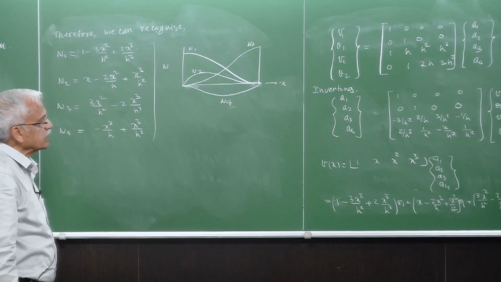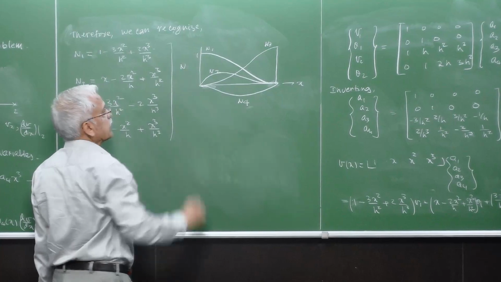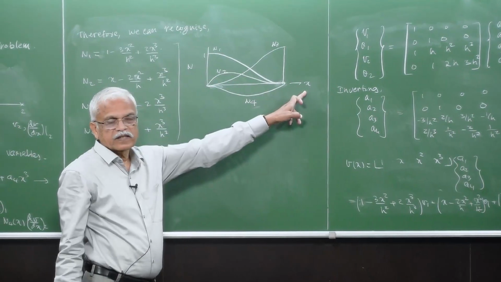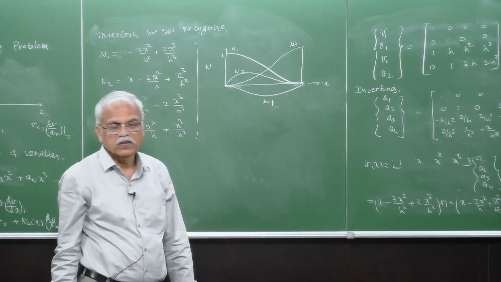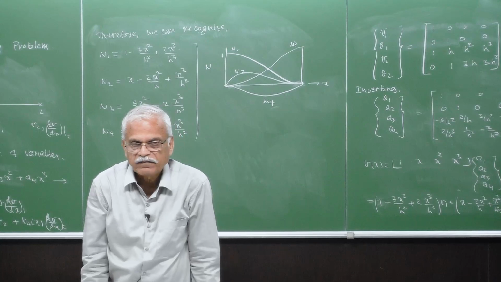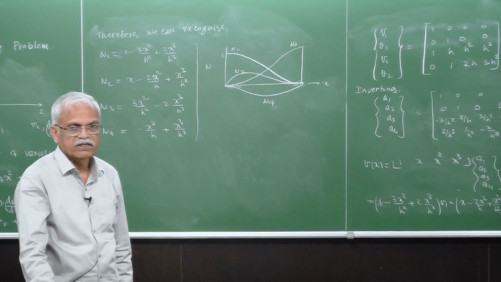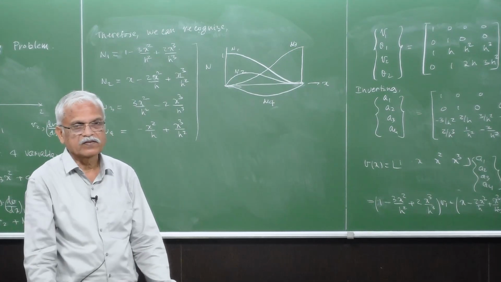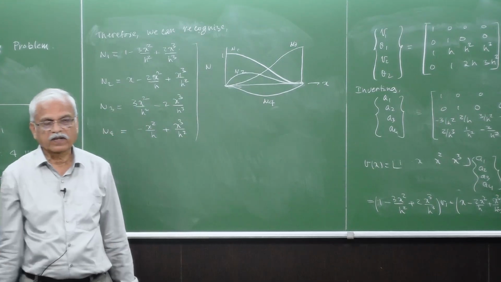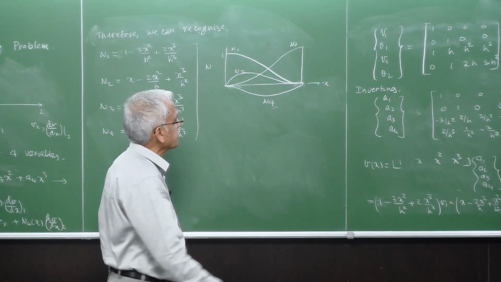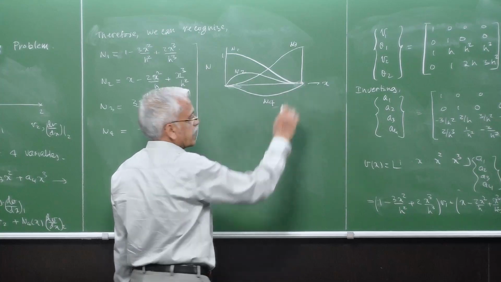So these interesting ones are, for example, N1 has a value of 1 at node 1 and goes to 0 at the other node. But it also has 0 slope here and 0 slope here, which means that N1 has a value of 1 and 0 for all other degrees of freedom. What are the other 3 degrees of freedom? The slope at 1 itself is a degree of freedom, and the function value at 2 as well as the slope at 2 are the degrees of freedom. So then it goes here to 0 for both function as well as the slope.